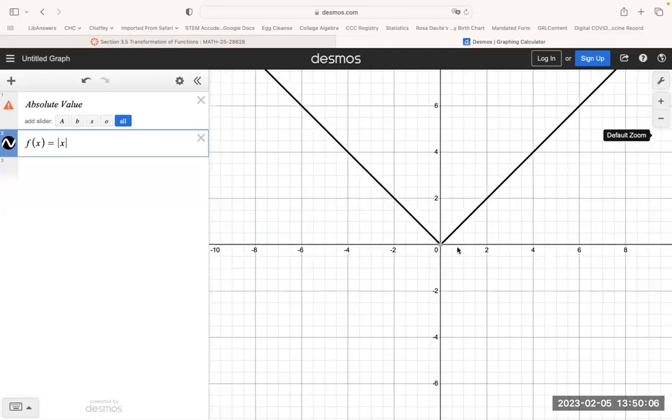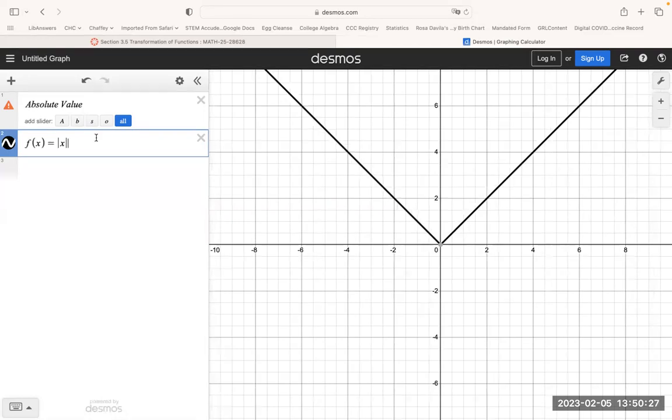For our range, though, notice that we don't have any values below y equals 0. So our range actually starts here at 0 and goes all the way up to infinity. So that's where things change here for our absolute value.